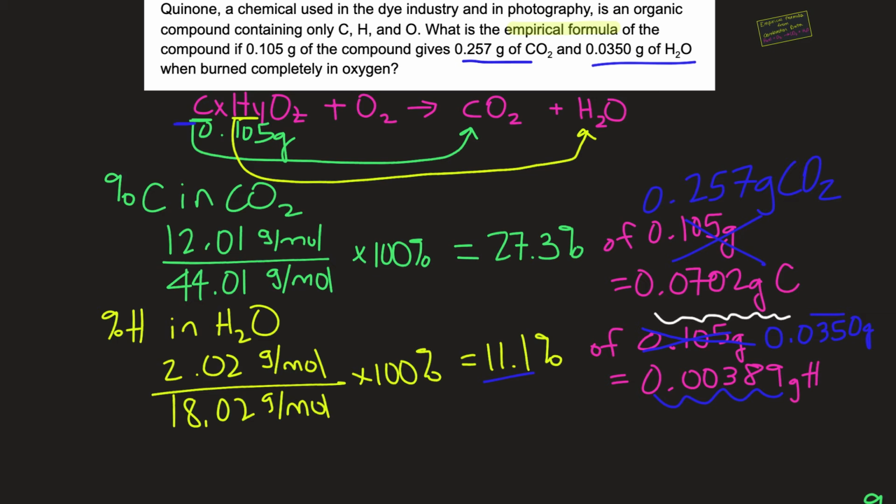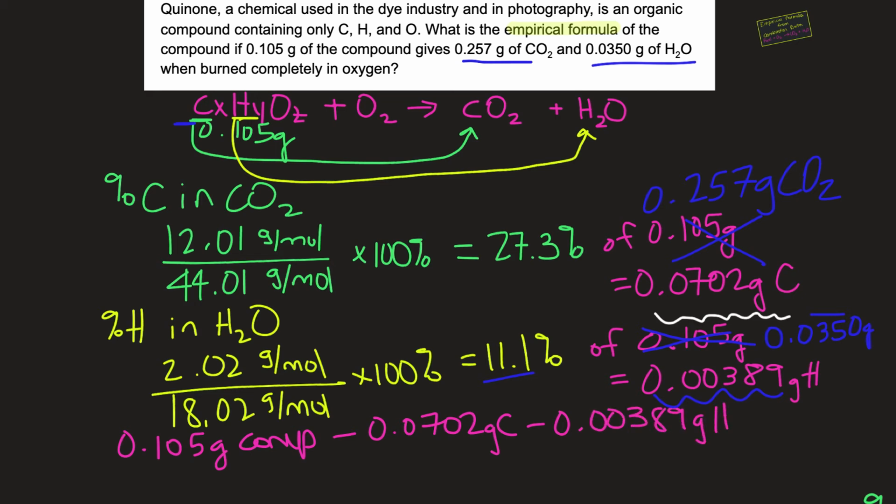Now we have to find by subtraction the mass of oxygen. So we know we have 0.105 grams of the compound. We'll subtract out the 0.0702 grams that are carbon, and we'll subtract out the 0.00389 grams that are hydrogen.